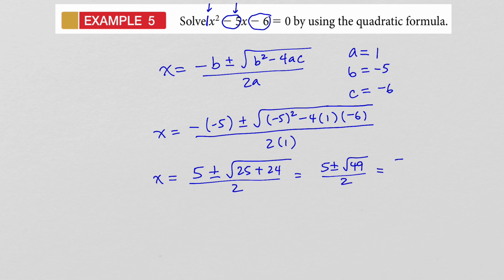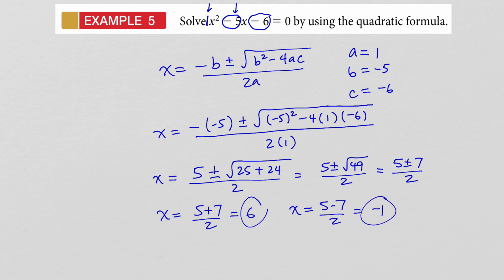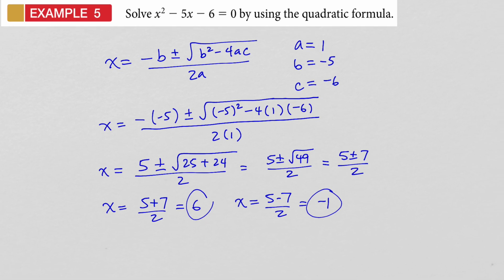And this is really nice because the square root of 49 is 7. And so we have two answers, 5 plus 7 divided by 2, which is 6, and 5 minus 7 divided by 2, which is negative 1. Now again, you did not have to use the quadratic formula to solve this.